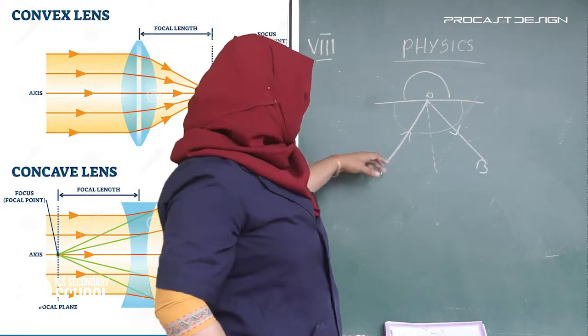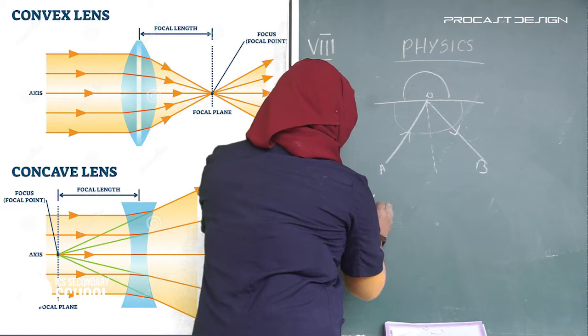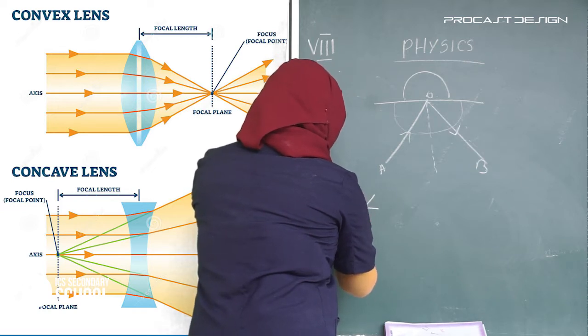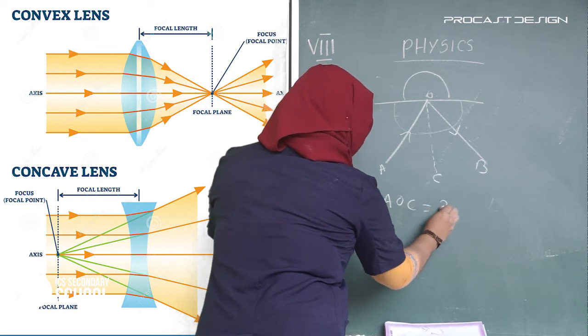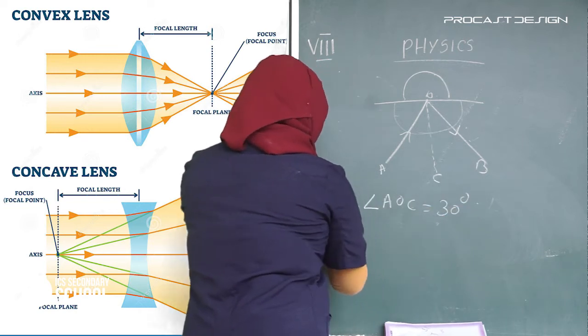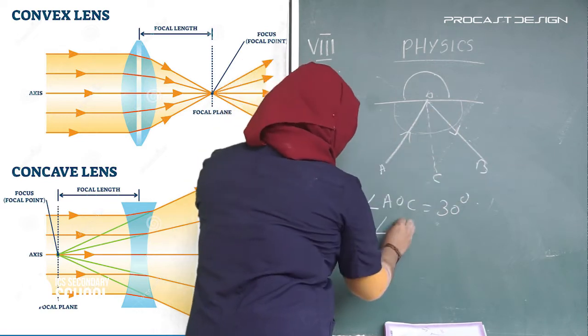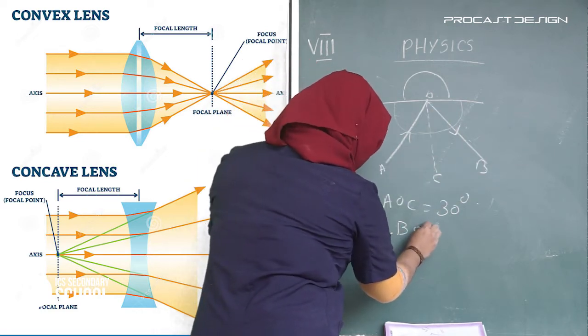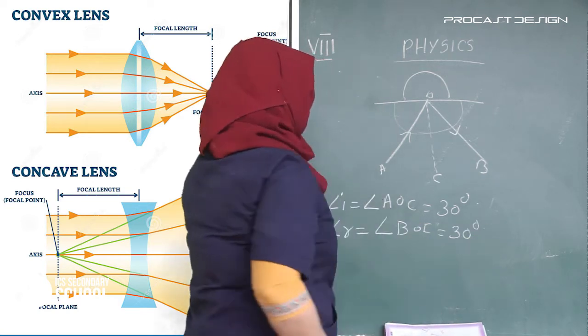If the angle of incidence AOC is equal to 30 degrees, we will get the angle of reflection, that is angle BOC. What will it be? Yes, that is also 30 degrees.